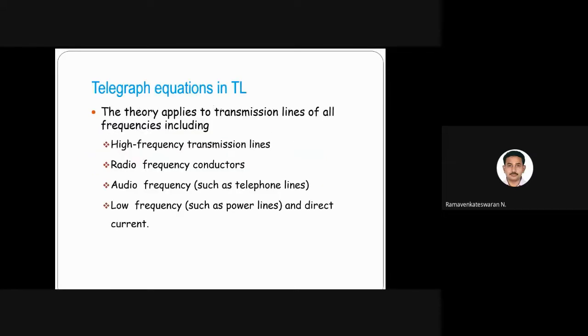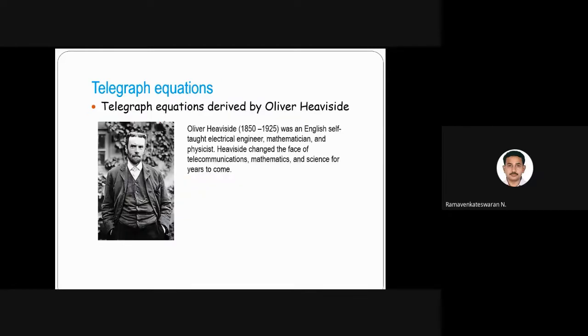These telegraph equations are applicable for high frequency transmission lines, RF connectors, audio frequencies, even telephone lines, and sometimes a little bit in kilohertz or megahertz frequencies. This was derived by Oliver Heaviside. As I told you, he was a self-taught electrical engineer, mathematician, and physicist.